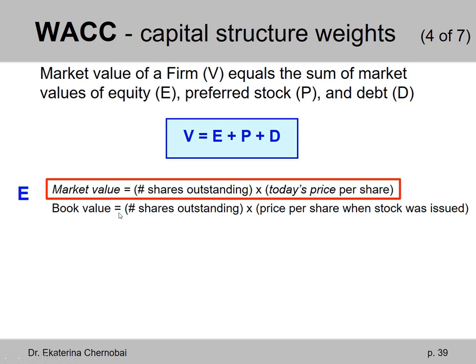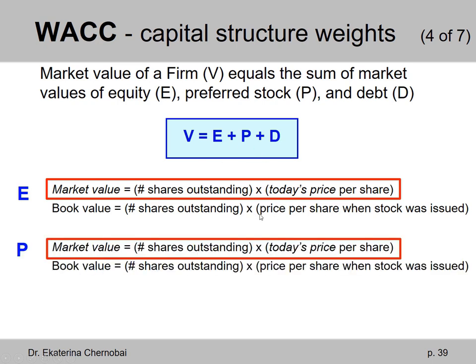The book value would be equal to the number of shares outstanding multiplied by the price per share when stock was issued, maybe a number of years ago. So the market value reflects today's price per share, and that's what really determines how much a firm is currently worth. Everything is based on current values of everything that comprises the firm value.